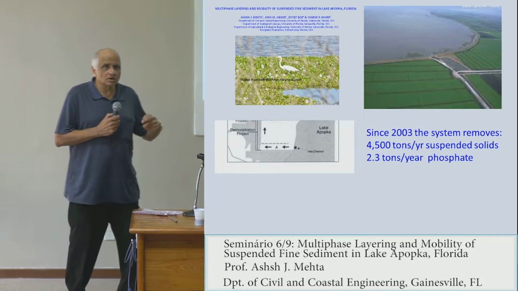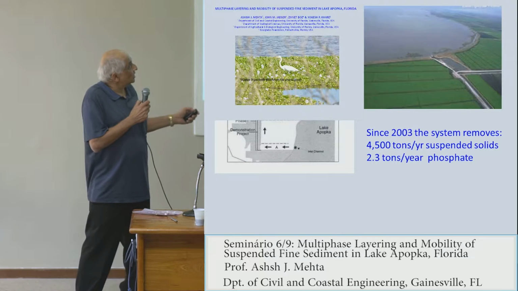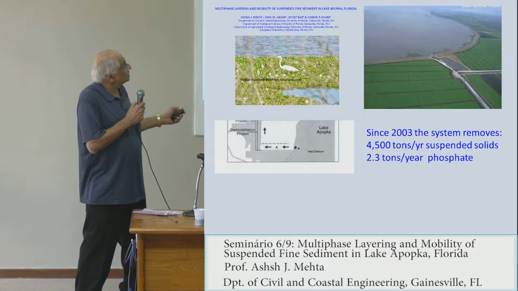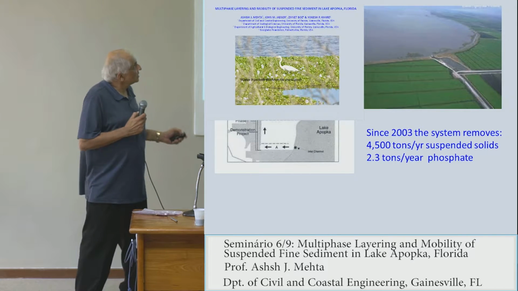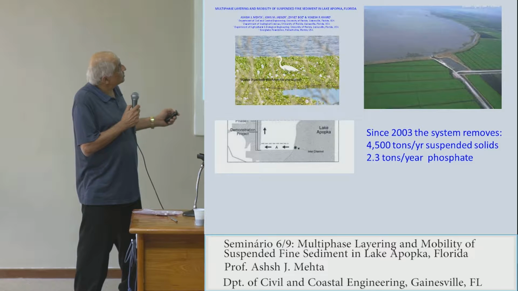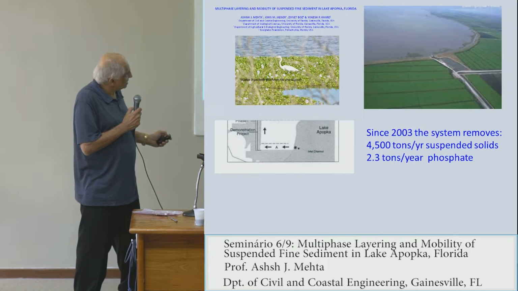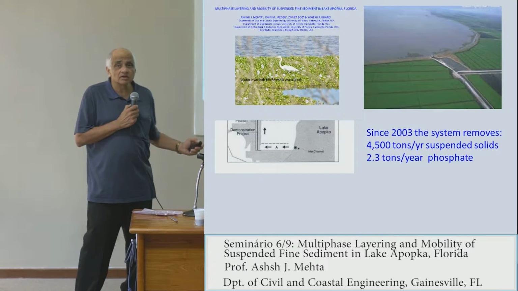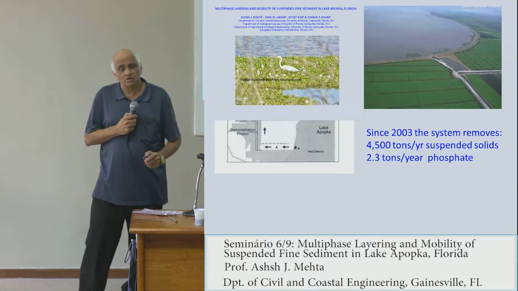So these areas are used to pick up all the organic matter, and the organic matter settles down here, and you keep doing that all the time. So clearer water comes back. For example, since 2003, this system removes about 4,500 tons of suspended solids and 2.3 tons of phosphate.